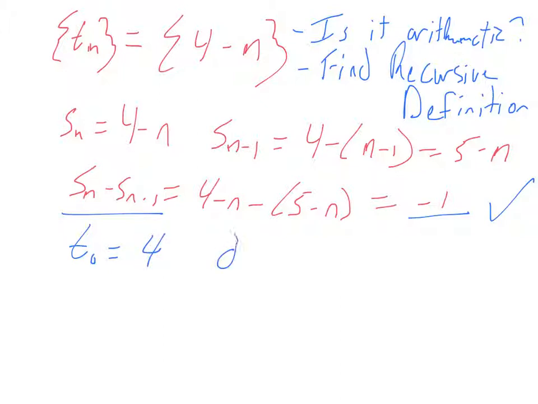So the recursive definition is that t sub naught is equal to 4, and t sub n is going to be equal to t sub n minus 1 minus 1. We're going down by 1 each time.